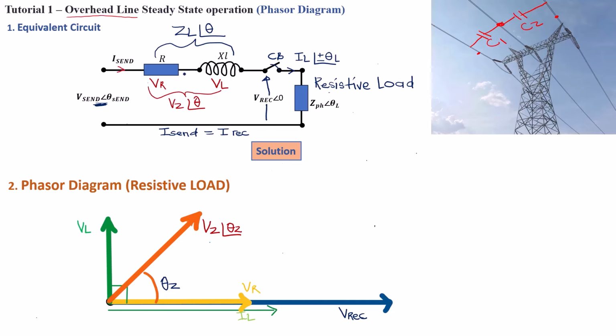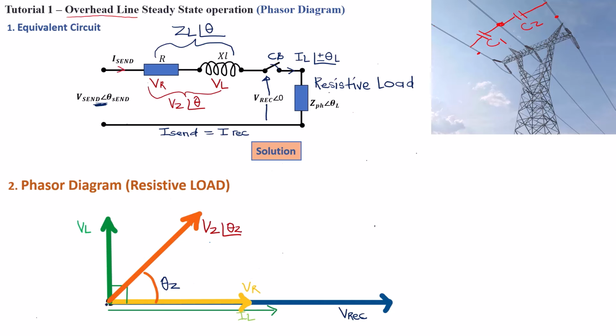Because there will be a voltage drop across a transmission line. So if we send 132 kilovolt, we are only going to receive, let's say, 131.5 kilovolt. We're going to have a couple of hundreds of volts dropping across R and XL, and that is represented by VZ, that we already drew here.